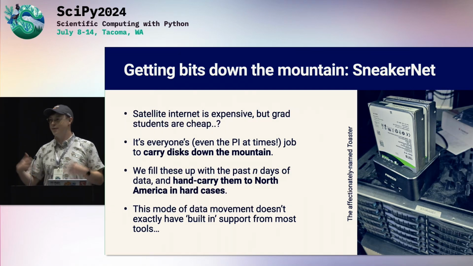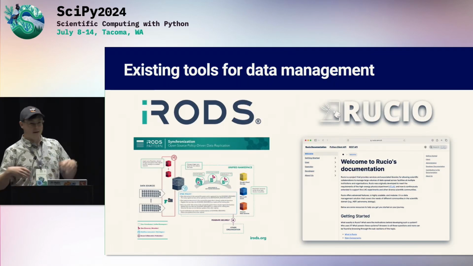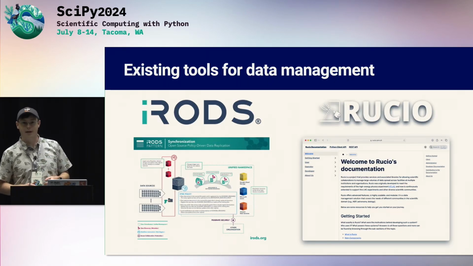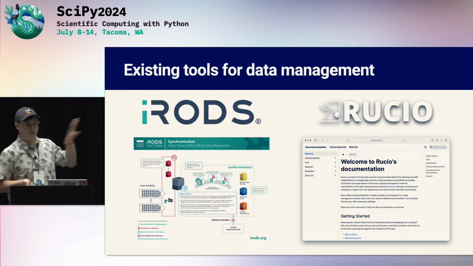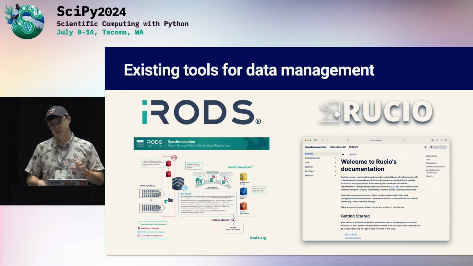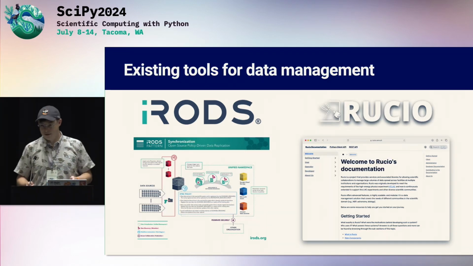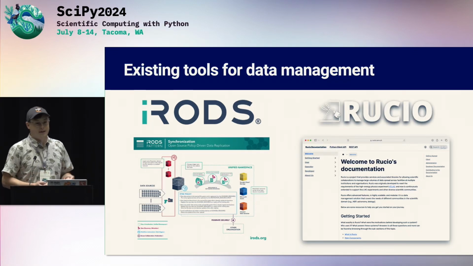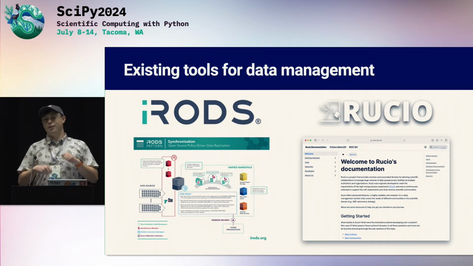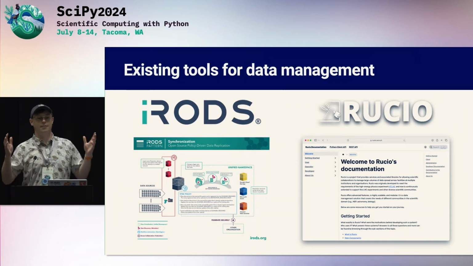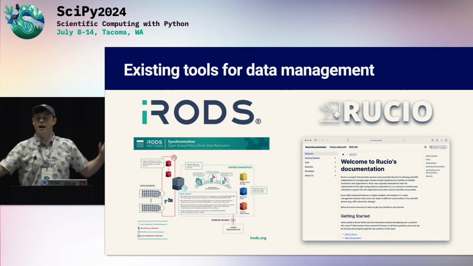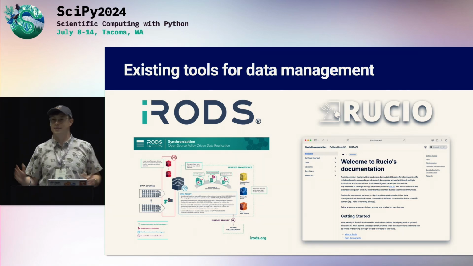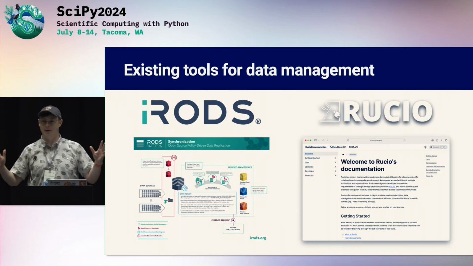So we had to come up with our own solution. There are some wonderful tools that already exist for data management, and a lot of them are rule-based. These two big players, iRODS and Rucio, are amazing pieces of software, but they are rule-based. What that means is you give the system abstract concepts, like: I have 10 machines, I would like 7 copies of my data to exist at all times, and it makes it happen.